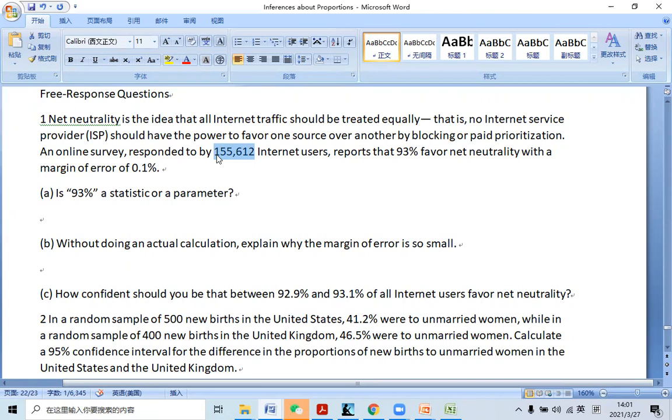How many standard deviations is your margin of error away from the observed value? 155,000 people is a very large sample size, and it will give you a small standard deviation.